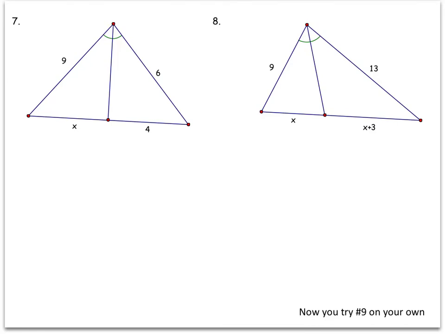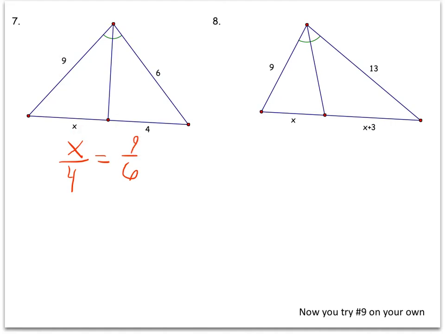So I'm going to do 2 examples, and then you're going to try number 9 on your own. This first one here, we do have an angle bisector. So the ratio of x divided by 4 must be equal to 9 divided by 6. But notice here, I put x in the numerator, 4 in the denominator. So in the numerator of the second ratio that I set up, I must have the side next to side length x.